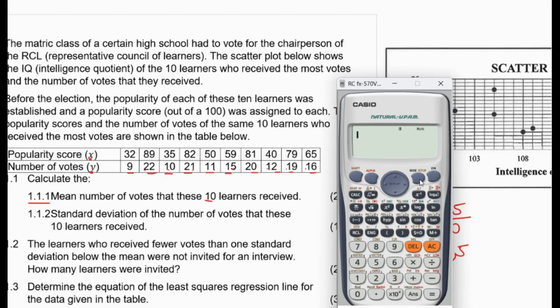We press mode, and then we look for stats, and then 1-VAR, or just VAR in some of the calculators.